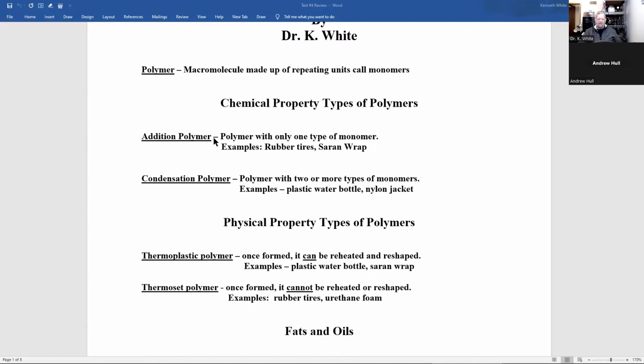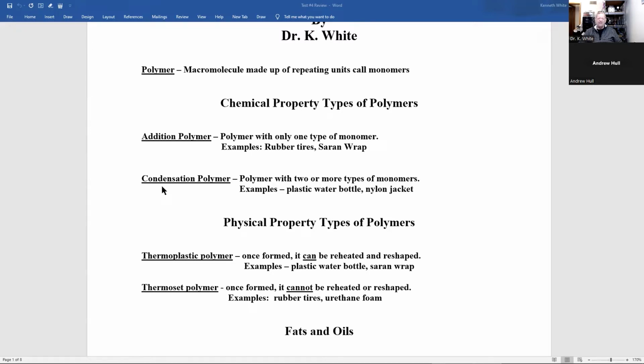You should know that an addition polymer is a polymer made with only one type of monomer. Examples that you should know are rubber tires or saran wrap, the kitchen plastic wrap.